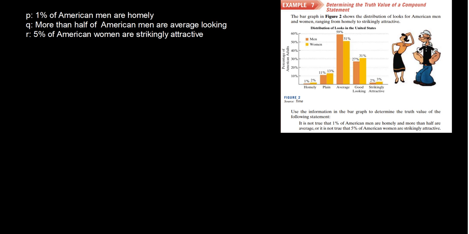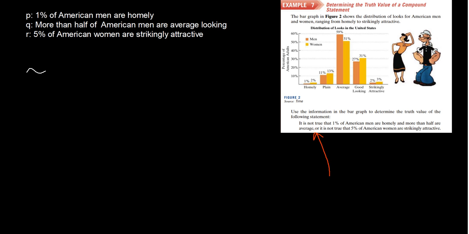So if I were to try and write this with my logical connectives, I would say it. Okay, so reading off, it is not true. So it's going to say not true, right? And on top of that, again, remember to always mind your comma there. Okay, so we're basically going to put this bit in parentheses, and then we're going to have the or, and then the not true that 5% of American women are strikingly attractive.